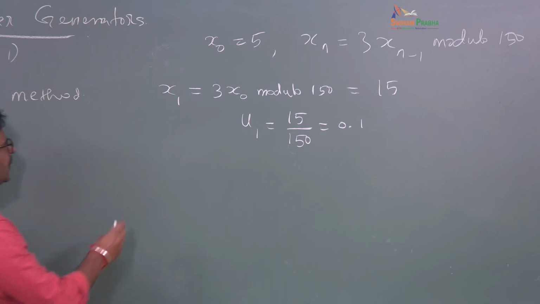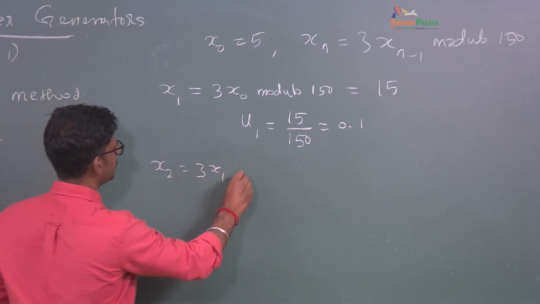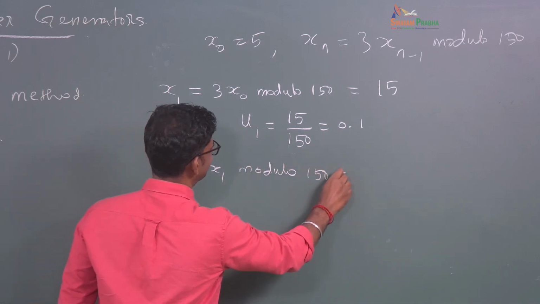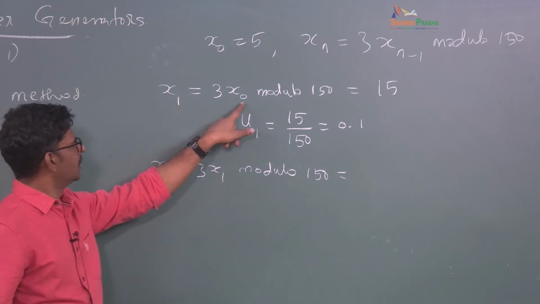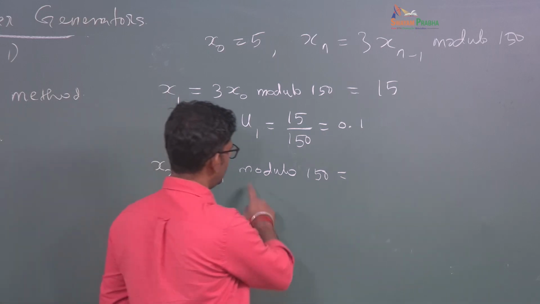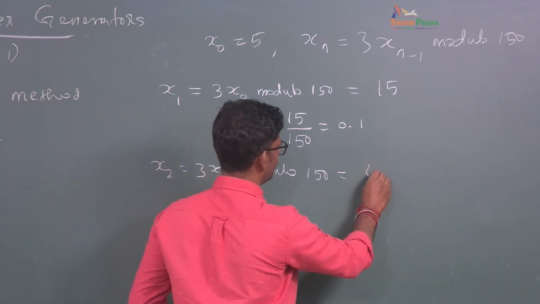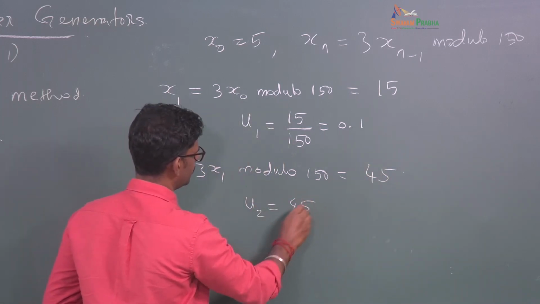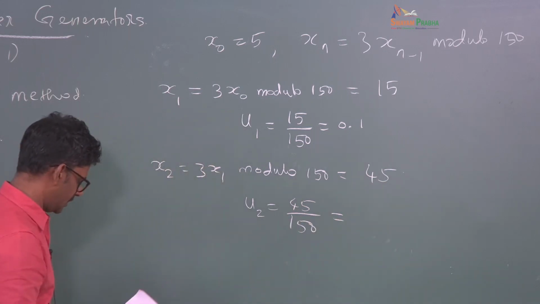Then we go to the next in the sequence. We say x2 is equal to 3x1 modulo 150. Here my x1 is 15, and 15 times 3 is 45, and 45 modulo 150 is also 45. So my U2 is 45 by 150, so 0.3.